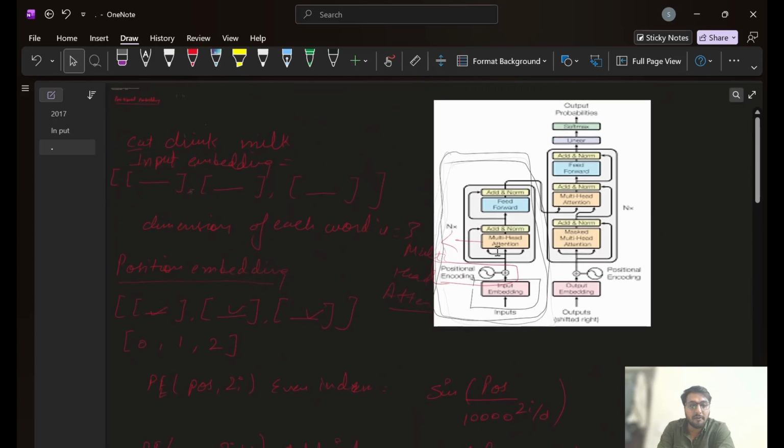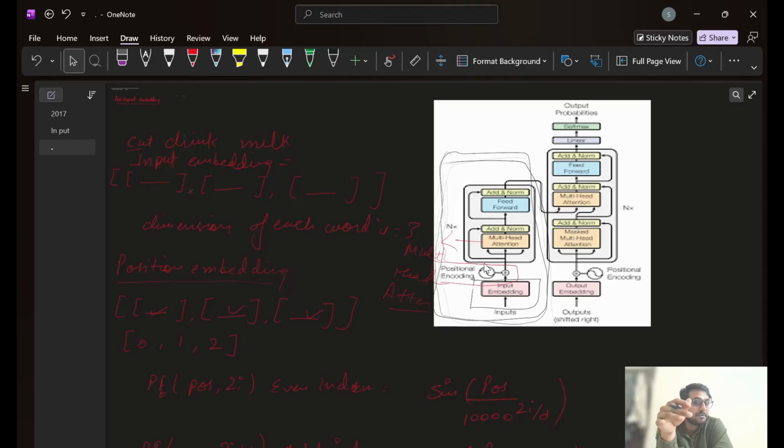Okay, so in every phase we will get the same number of vectors as we have in our input. As you saw, for our input embeddings, we are taking the example cat drink milk. So we have three vectors. I said that for each vector there will be the same number of vectors that have the information about the position of each word, so there are three words also.